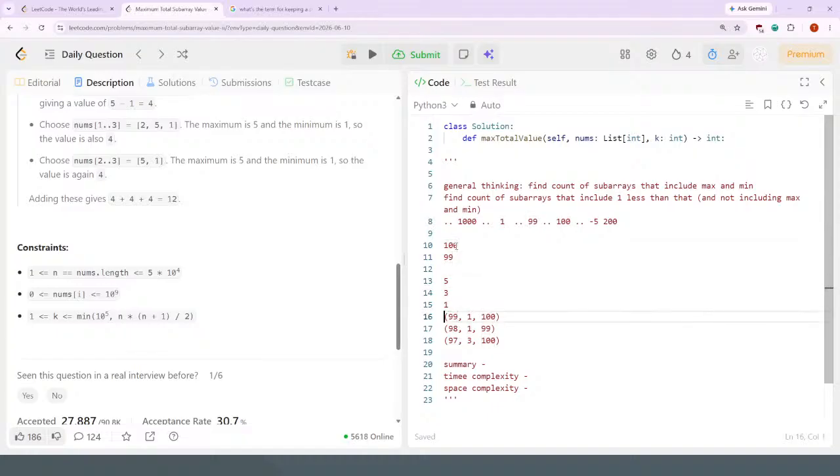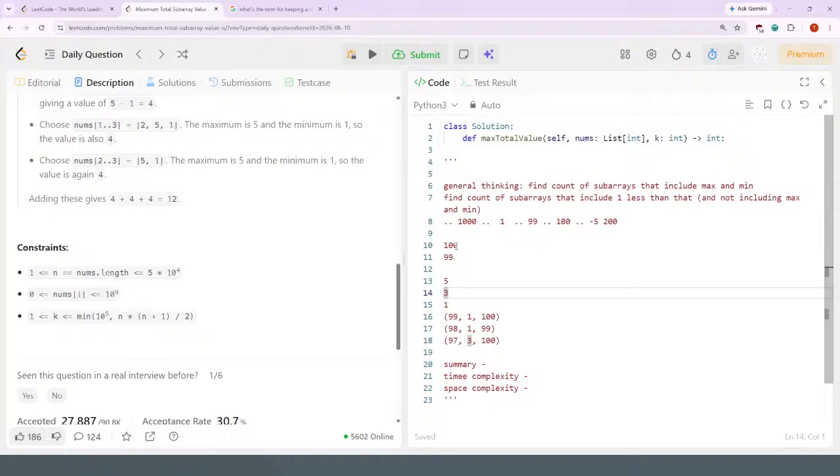So 101, 99, 103, 99, 1. Maybe it's possible I have multiple duplicates on the stack, because 99, 3 would also push, or 99, 1 would also push, whenever I process 103 it also pushes 99, 3.